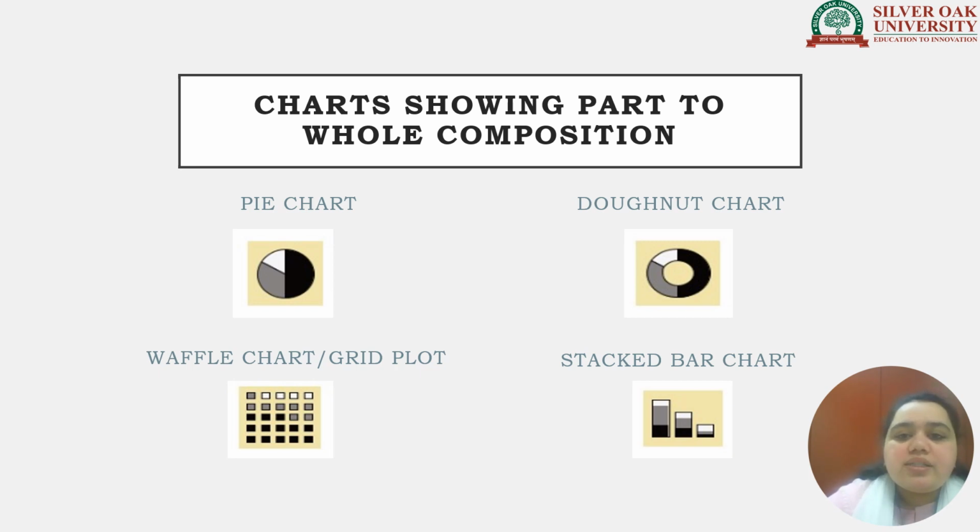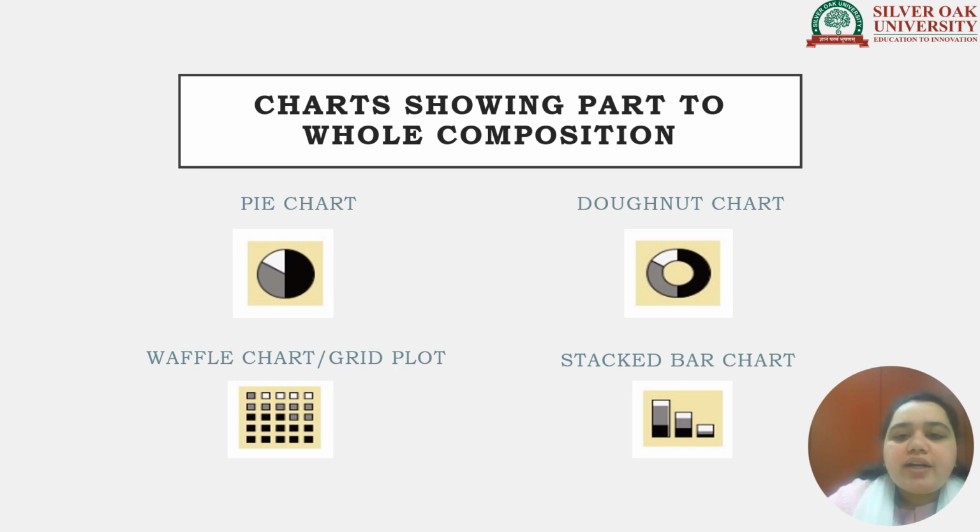Next we have a donut chart. A donut chart shows each cell of data as a slice of a donut. That chart may contain one or more donuts arranged side by side. Each donut shows a series of data. Next we have a waffle chart or a grid plot.